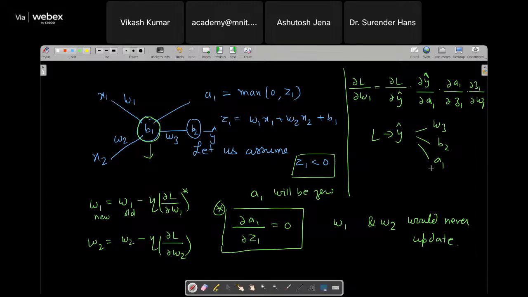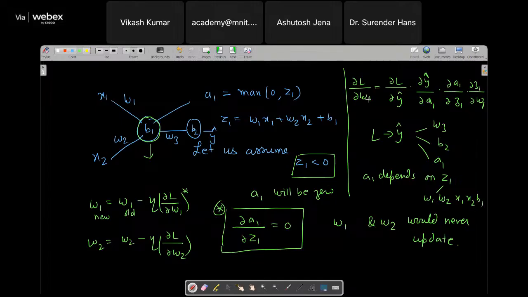So A1 depends on Z1, and this Z1 further depends on W1, W2, X1, X2, and B1.